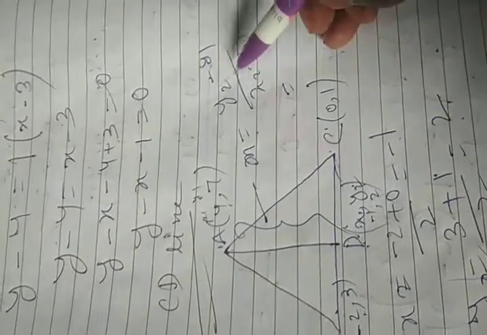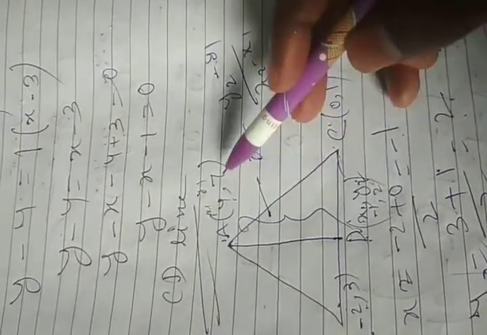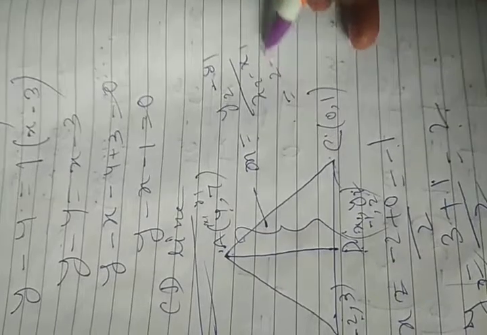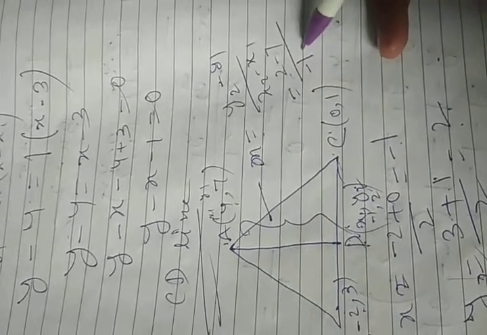Okay, so y2 minus y1, that means 2 minus 7, by x2 minus x1, that means minus 1 minus 4. So that becomes minus 5 by minus 5 equal to 1. So we got m equal to 1.